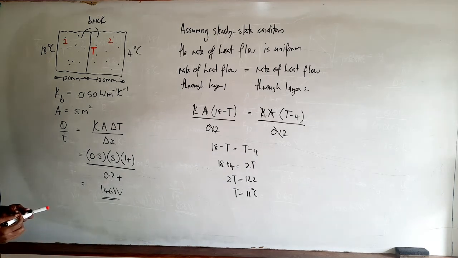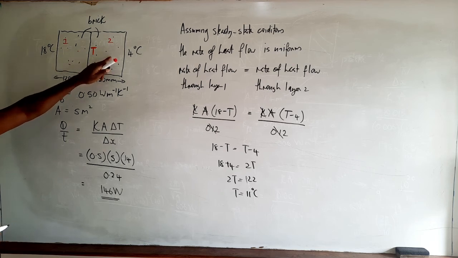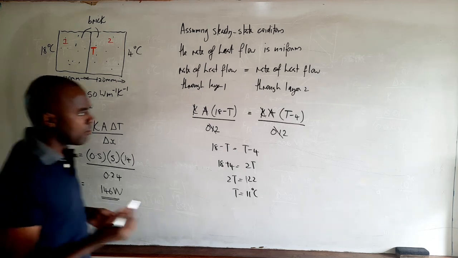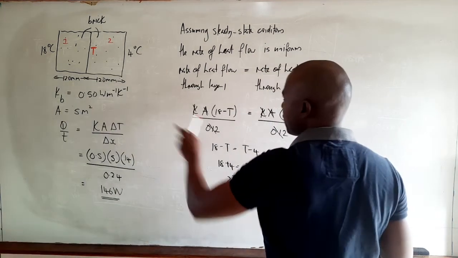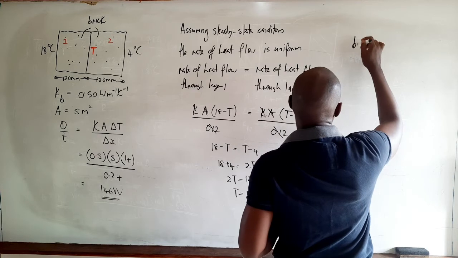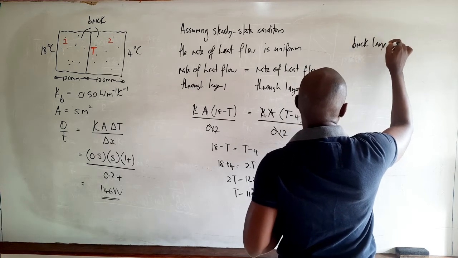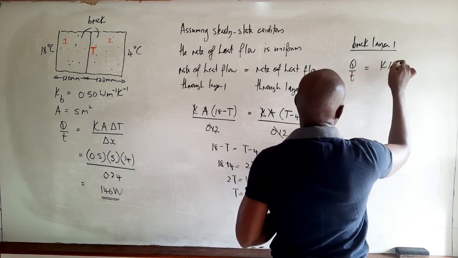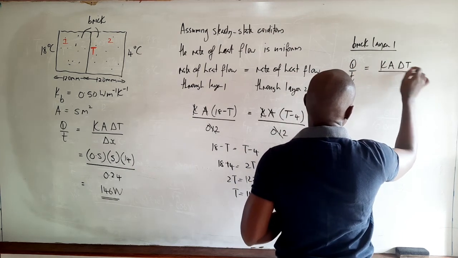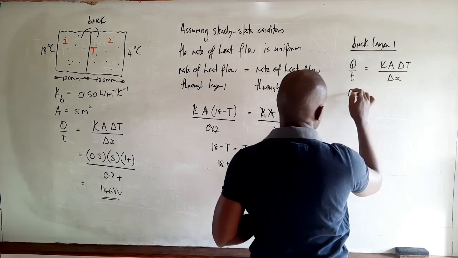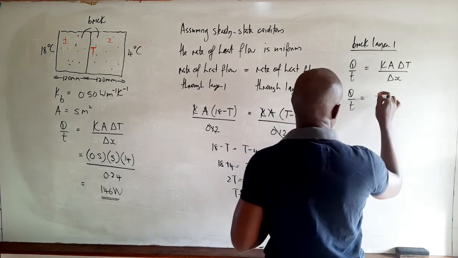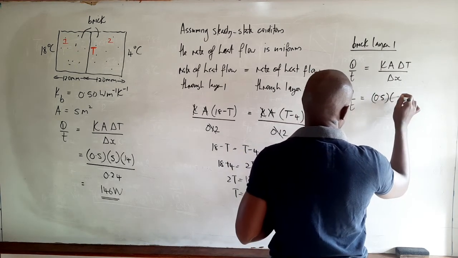If T is equal to 11, then we can use the information for either brick layer 1 or brick layer 2 to find the rate of heat flow through the composite wall. Using brick layer 1, Q over t is equal to KA delta T divided by delta X. So Q over t equals thermal conductivity, which is 0.5, area, which is 5.